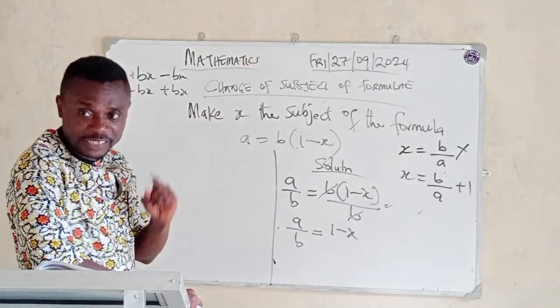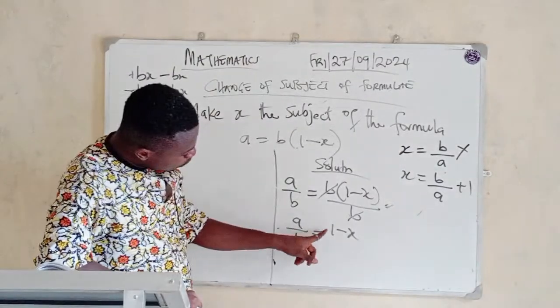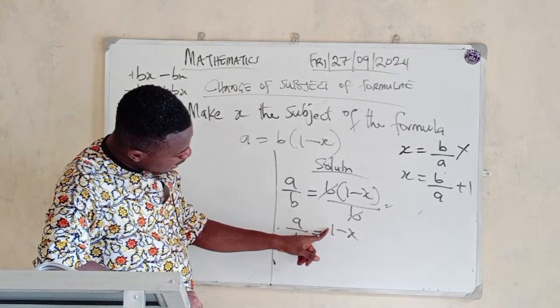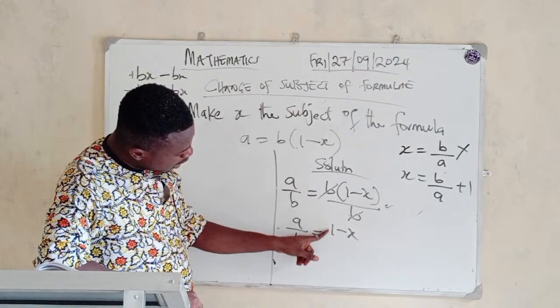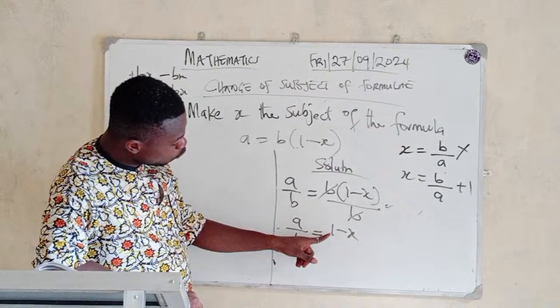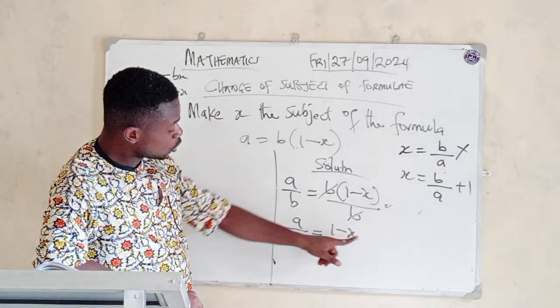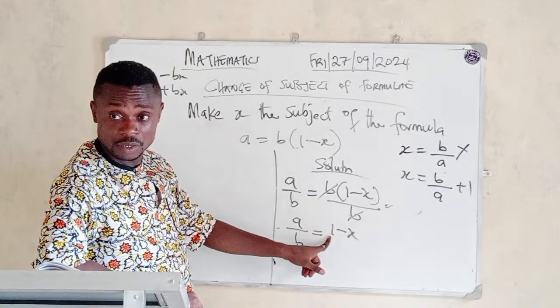Now, look at the first step we'll take. This is plus 1. If you want to remove this plus 1, we'll put minus 1 on both sides.